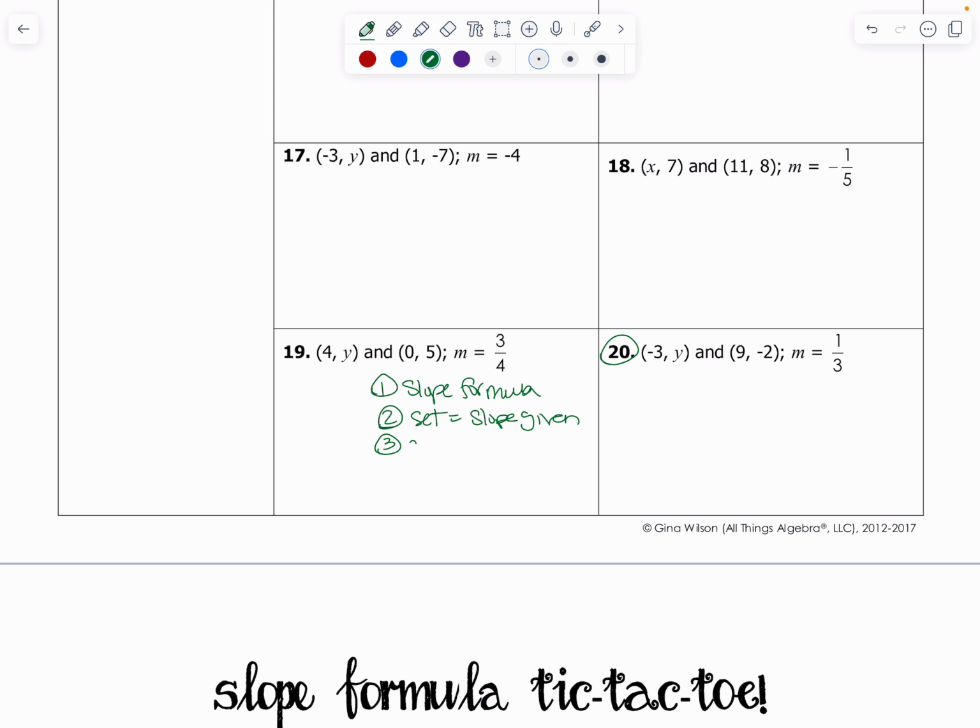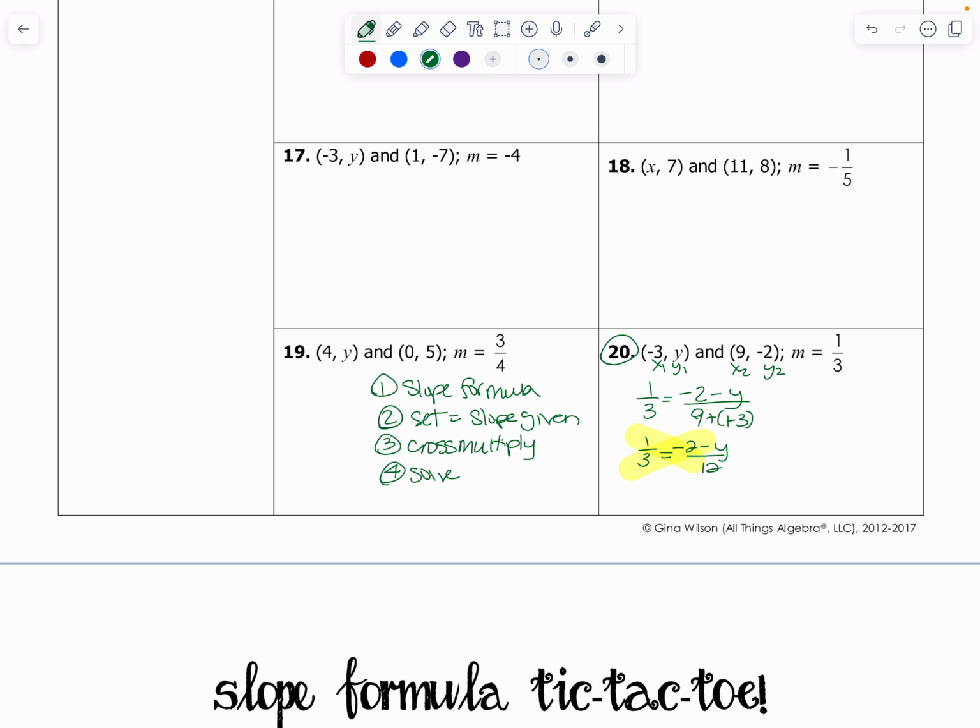Step 3 is cross multiply, and step 4 is to solve. So then 1/3 is equal to, x1, y1, x2, y2, negative 2 minus y over 9 minus a negative 3. My two negatives turn into a positive, so I have 1/3 is equal to negative 2 minus y over 12.